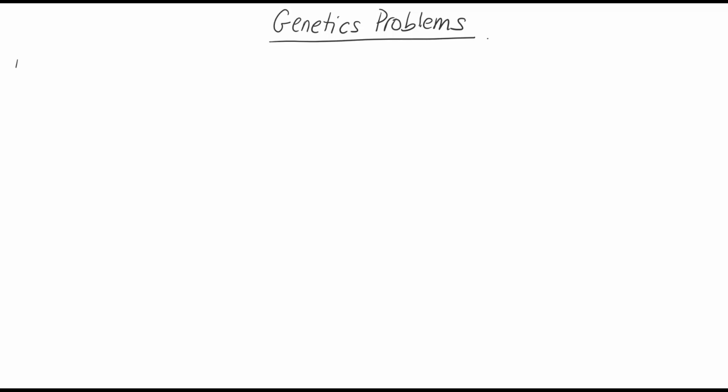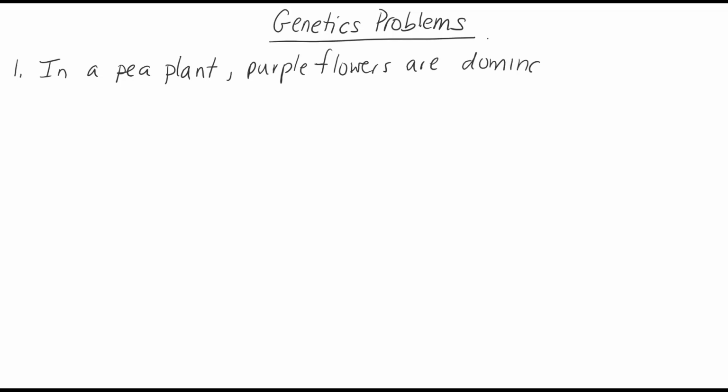Problem number 1: in a pea plant, purple flowers are dominant over white flowers.